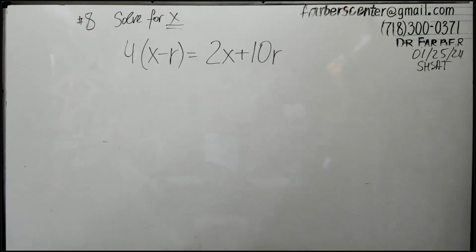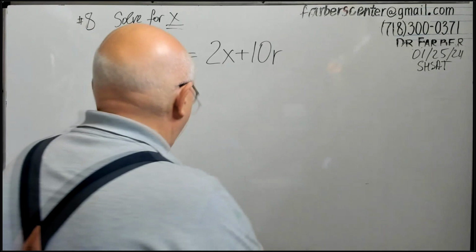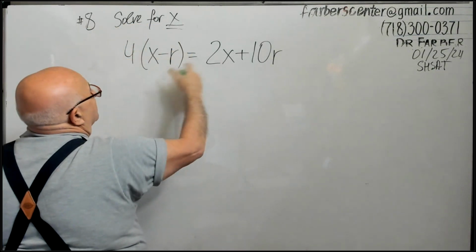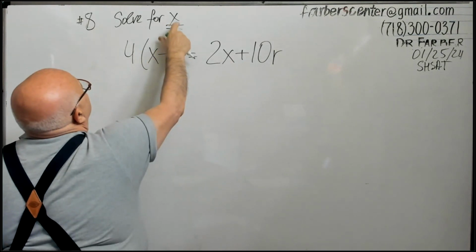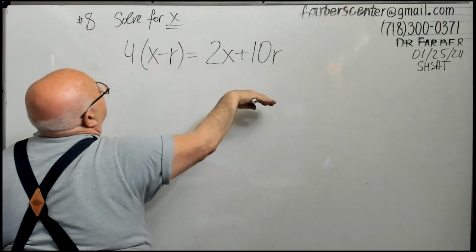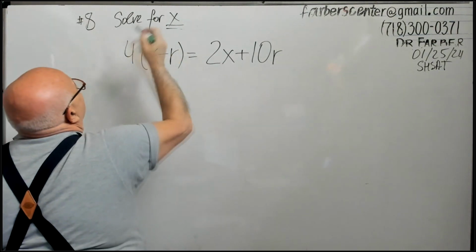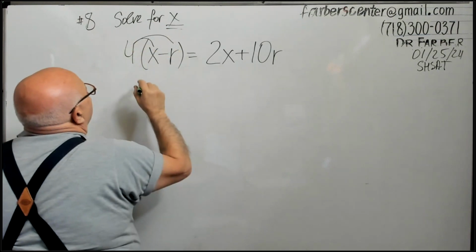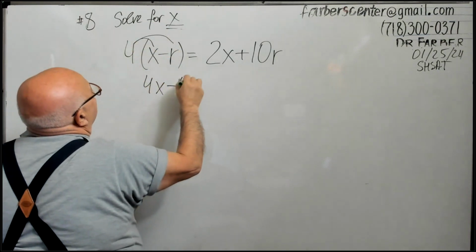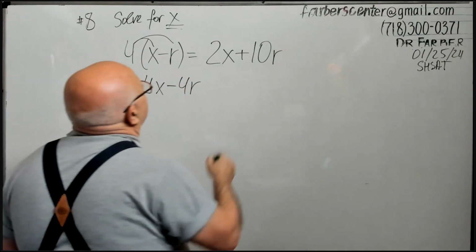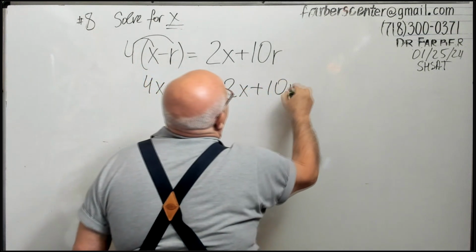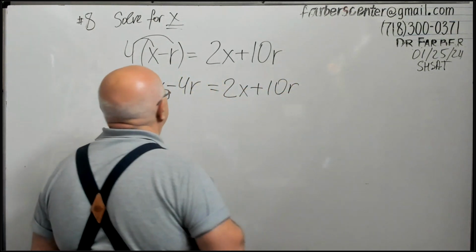Okay, again, conceptual thinking in the abstract is very important in this slide. And this is just extra variables. This is the dependent variable, and the rest are independent variables. So, for instance, open parentheses, distribute. You have 4x minus 4r equals 2x plus 10r. I need to have the variable with x on the left part.